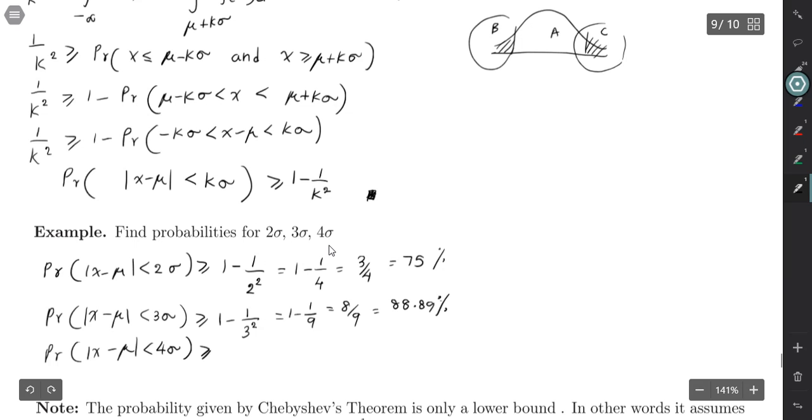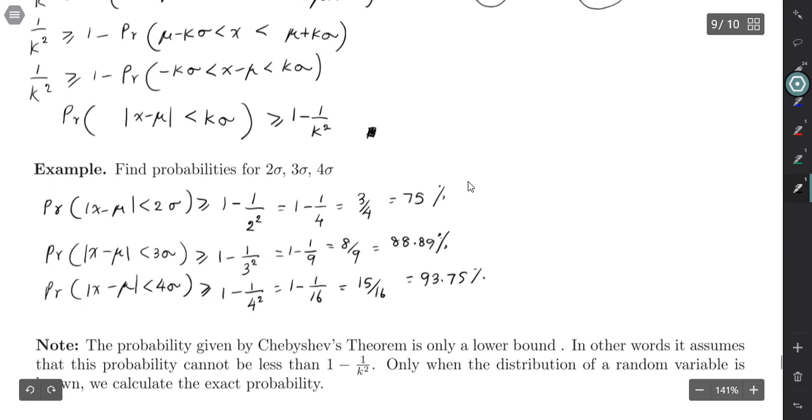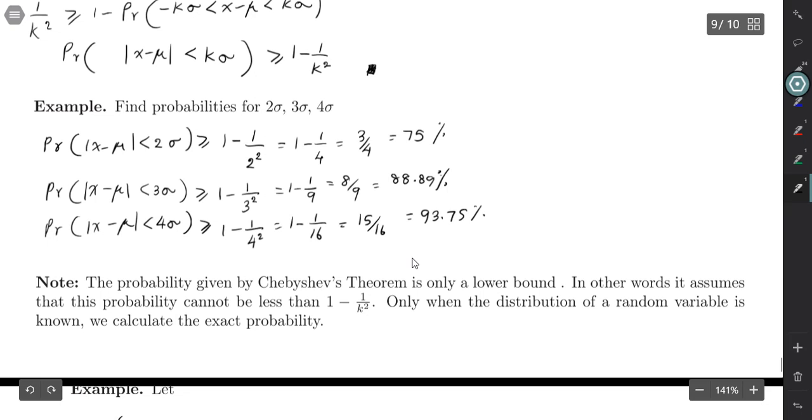It is greater than or equal to 1 minus 1 over 16, which is 15 over 16, or 93.75%. So remember, the probability given by Chebyshev's theorem is only a lower bound, not the exact probability. So the probability that the random variable x is within 3 standard deviations of the mean is greater than or equal to 88.89%, or 88.89% or more. So this is the inequality.